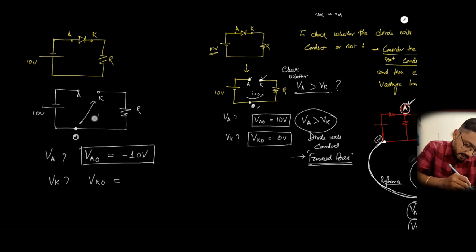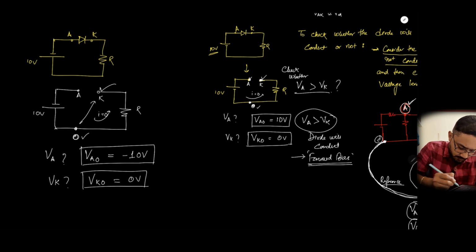See, there is no current flowing, so obviously this point and this point are at the same potential, and it will be 0 volt. So minus 10 volt is greater than or less than 0 volt? It is less. Obviously this is at a lower potential, and this is at a higher potential.